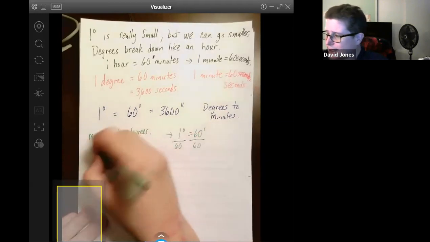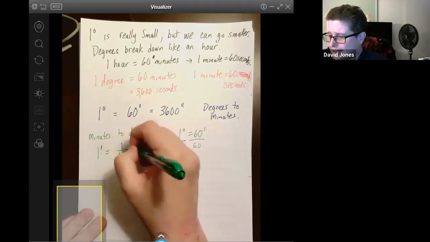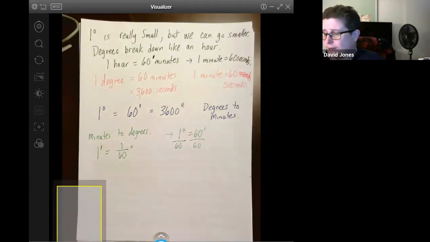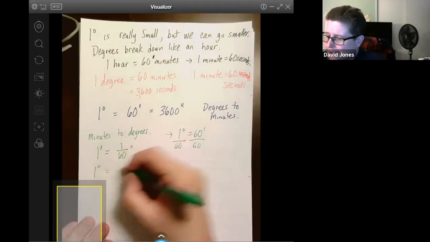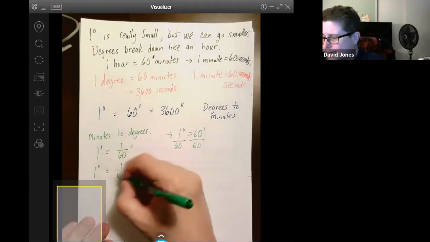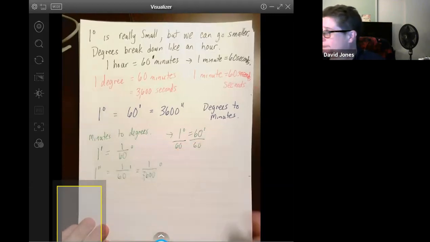And we find that 1 degree equals 1/60th. I'm sorry, 1 minute is 1/60th of a degree. And correspondingly, 1 second is 1/60th of a minute, which is 1/3600th of a degree.